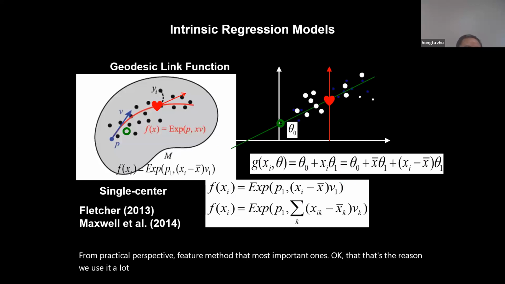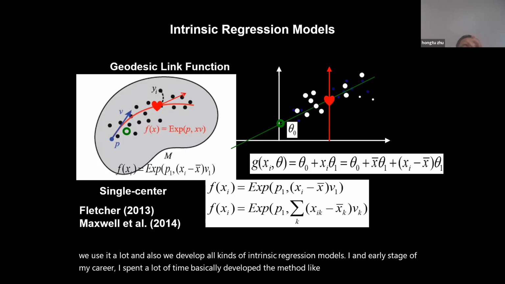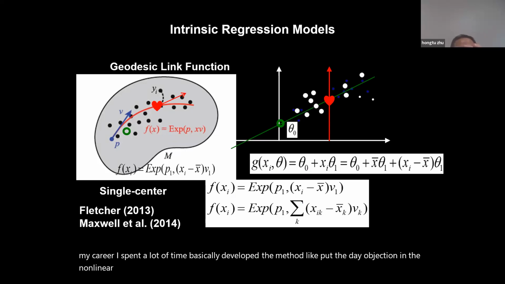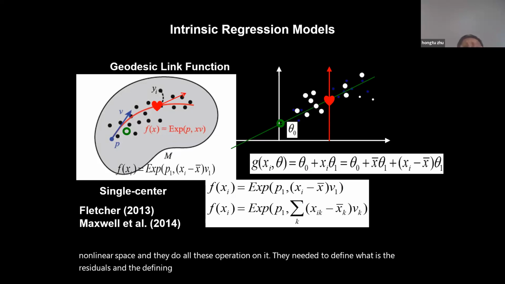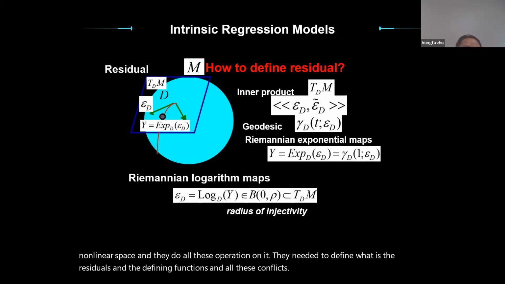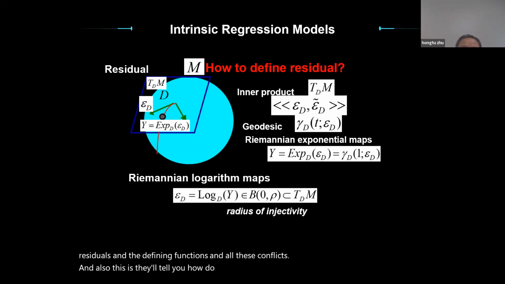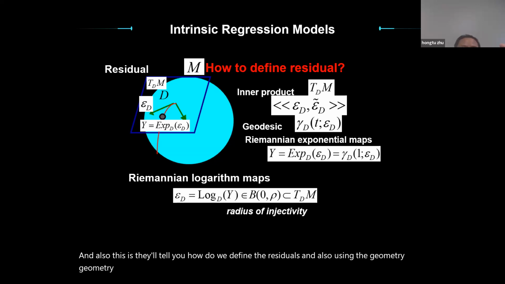We also developed all kinds of intrinsic regression models. At the early stage of my career, I spent a lot of time developing methods that put the object in the nonlinear space and then perform operations on it. You need to define the residuals and linear functions, and use the geometric structures inside to build such a framework.